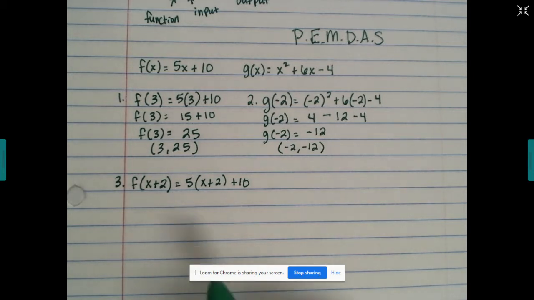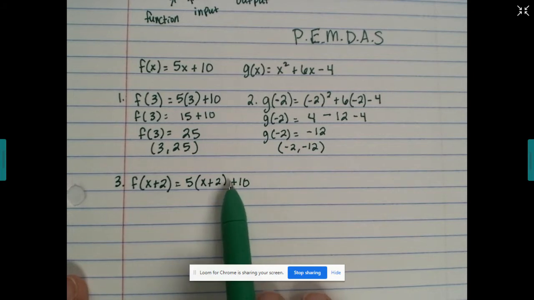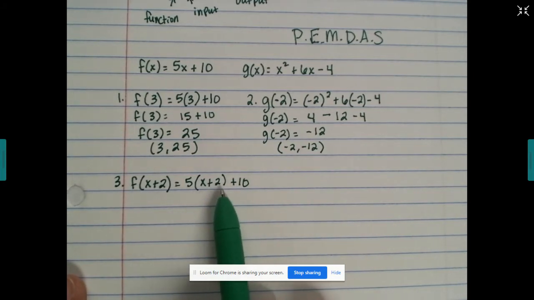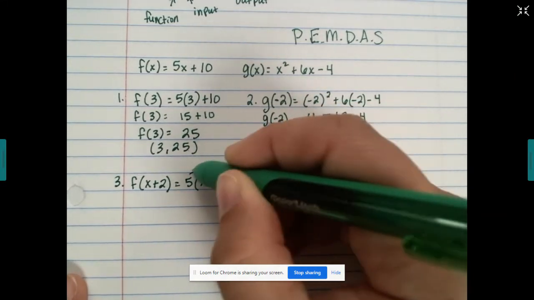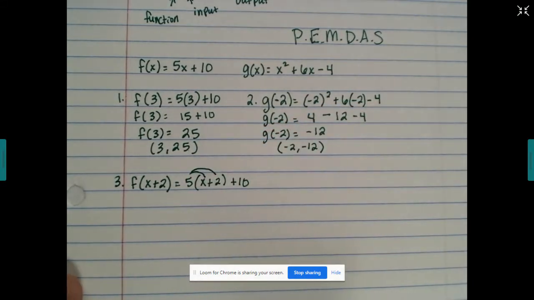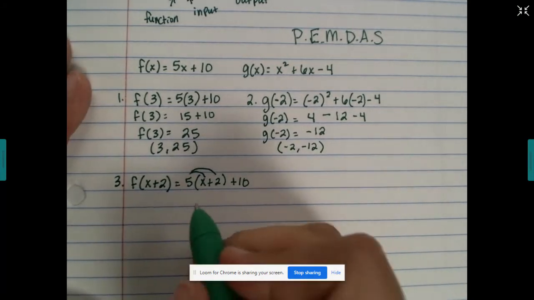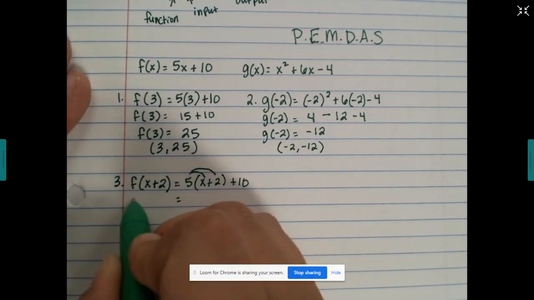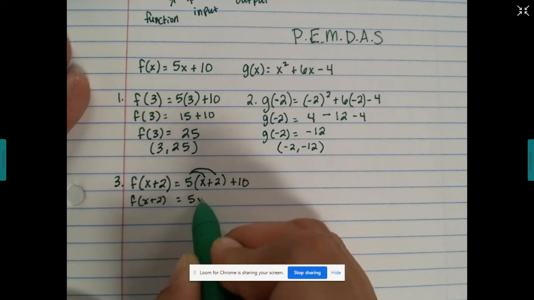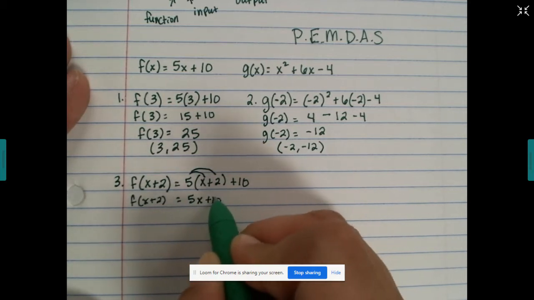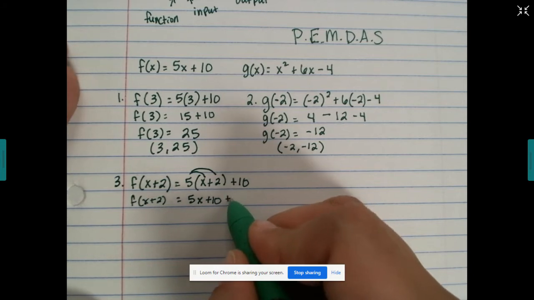And so if I wanted to simplify this over here on the right side, what would I do first? Yeah, good. So I'm going to distribute this little 5 to the x and to the 2. So then that'll give me 5x plus 10. Oh, sorry, plus, yeah, that's right. And then bring down the plus 10.